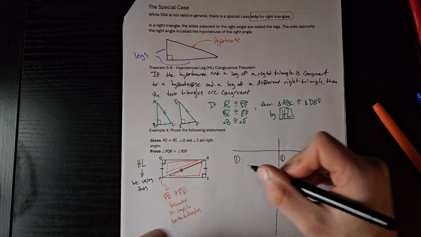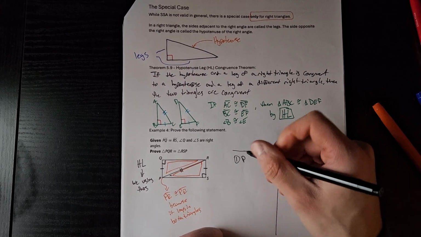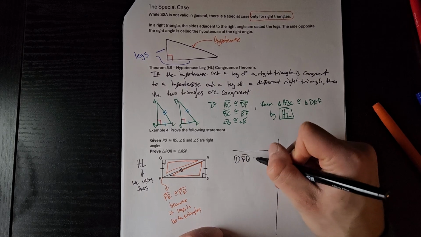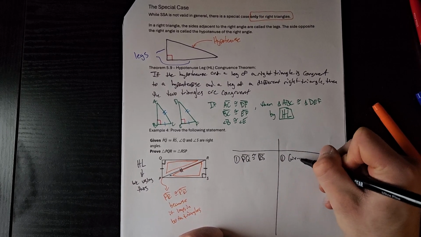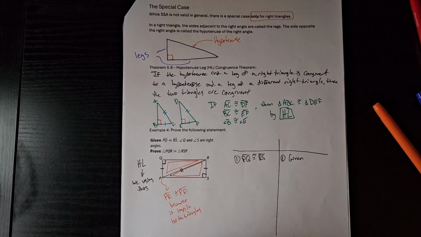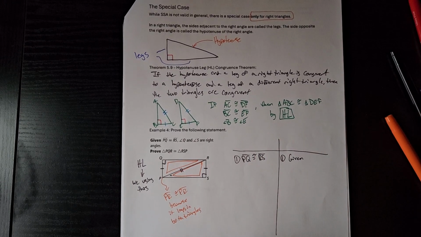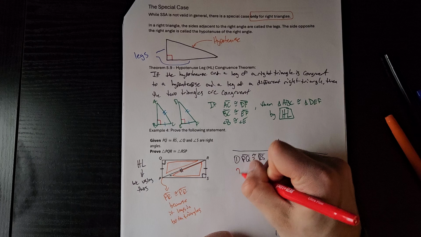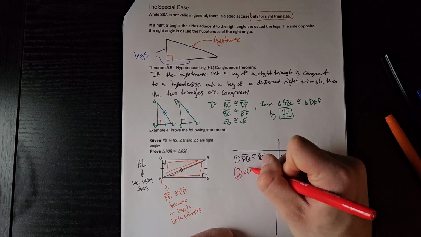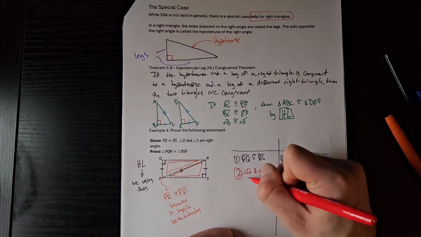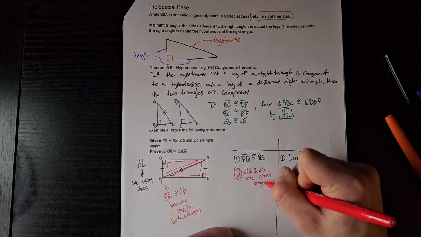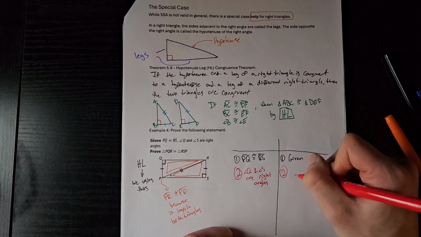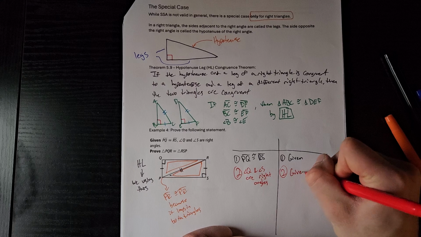Let's build it out. I'm going to separate my givens right now. So my PQ is congruent to RS, and that's given to me. And I'm going to write that angle Q and angle S are right angles. And this was also given to me.